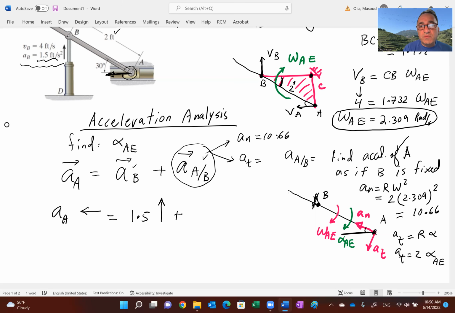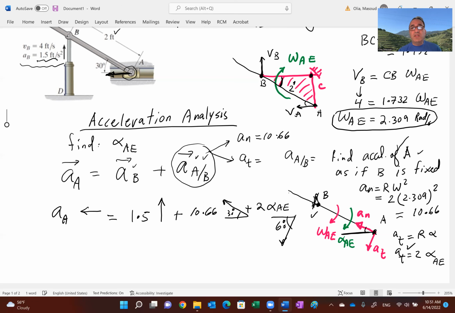And look at the two components that we were talking about. AN, this is the rotation part of the motion, the acceleration of A relative to B, right? Which I showed you here. Find the acceleration of A as if B is fixed, right? So 10.66, like that. And the tangential one, which is the 2 alpha AE, like this. And remember now, we do have both angles, but this one is perpendicular, so this angle must be 60 degrees.